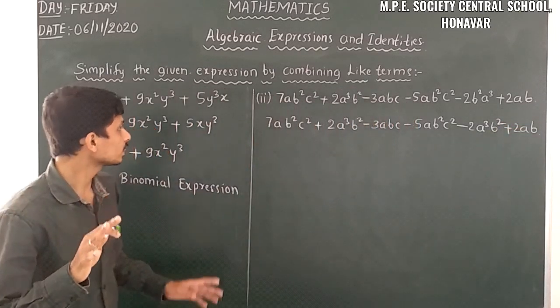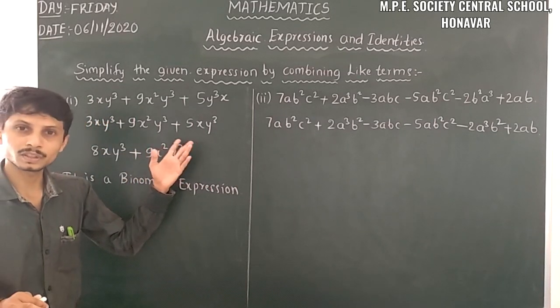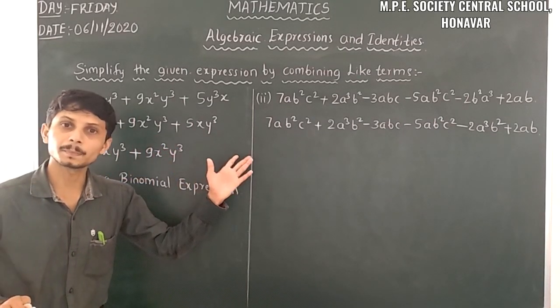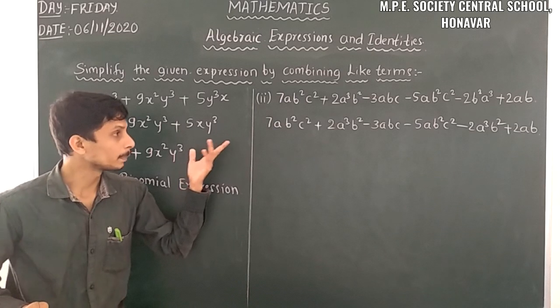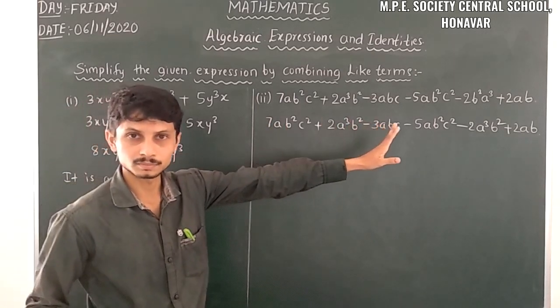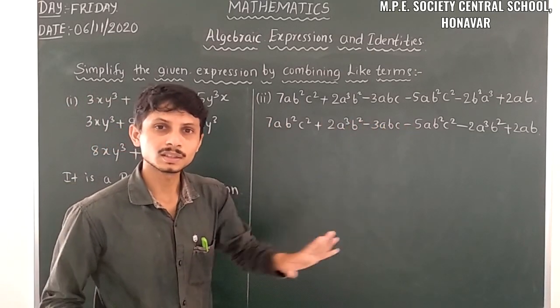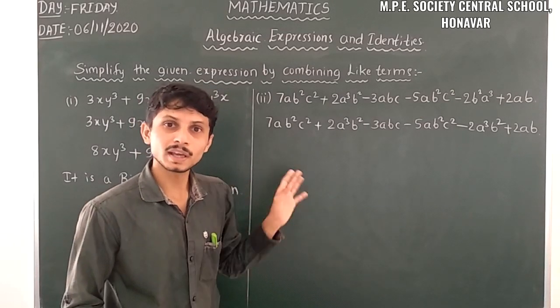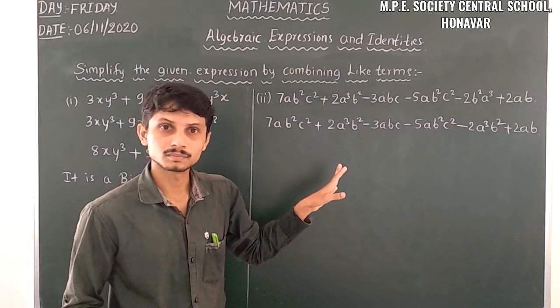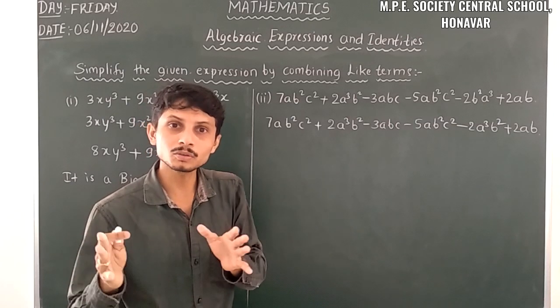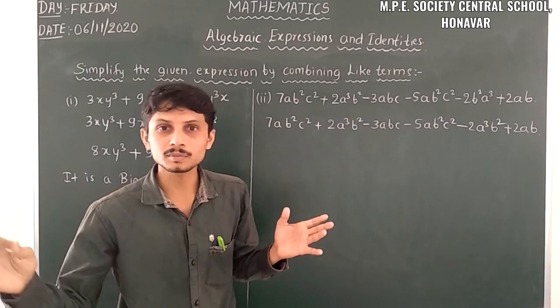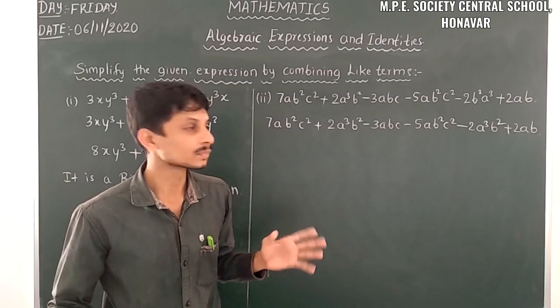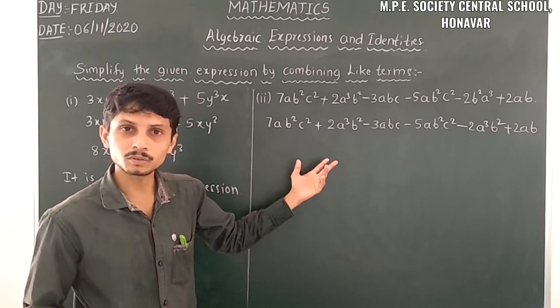Just look here, there are only 3 terms, we can easily recognize all the variables and all the terms. But here there are many terms. So in the next step we have to arrange like terms on one side, and unlike terms on another side.